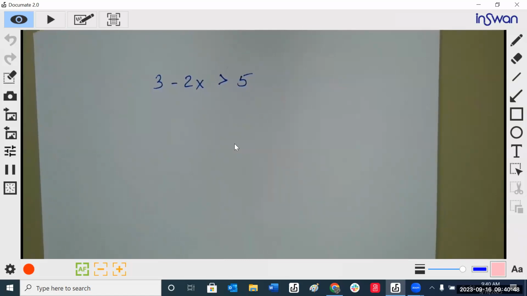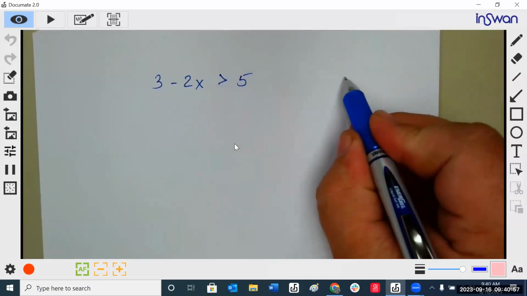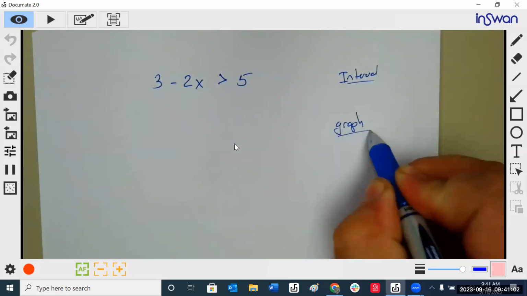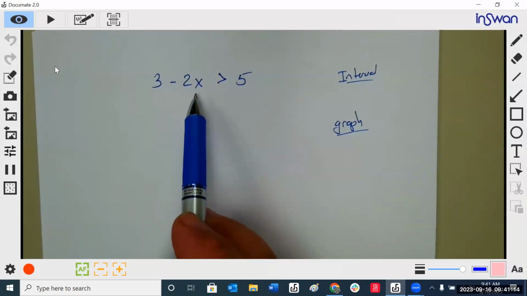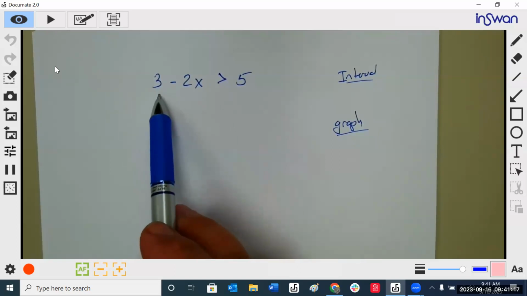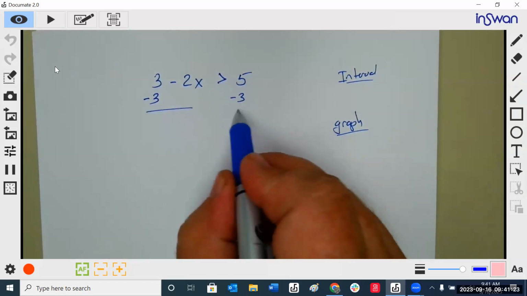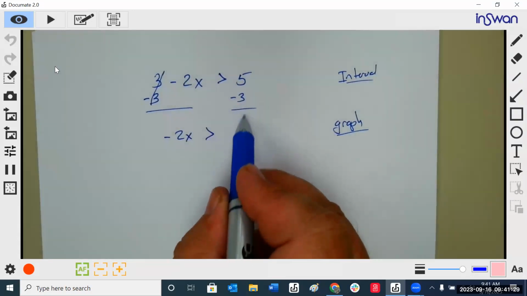First step. What's my first step? This is in set notation, so I want interval and I want a graph. You're trying to get X by itself, so we have to get rid of stuff first. Always get rid of stuff that's not X. Get rid of the 3. We have negative 2x. 5 minus 3 is 2.